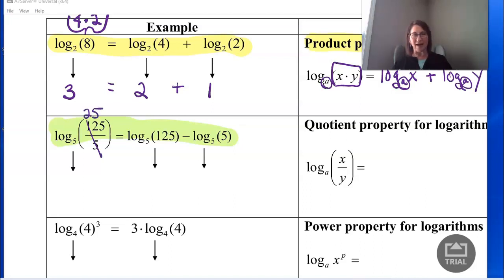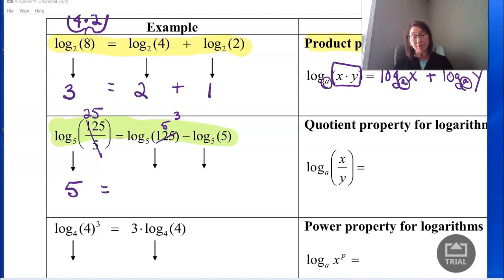So log base 5 of 25 is 2. Now, log base 5 of 125 is going to be, well, I can take that 125 and change that to 5 to the third.